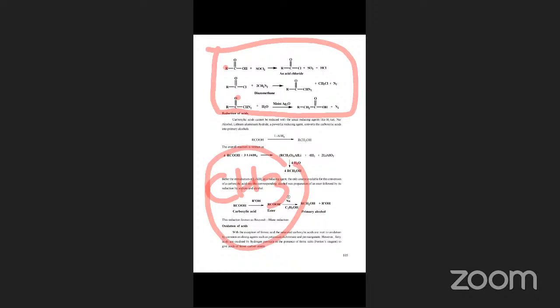CH3C=OH reacts with SOCl2. The name is thionyl chloride. Carboxylic acid, acetic acid CH3COOH, is reacted with SOCl2. It gives acetyl chloride.